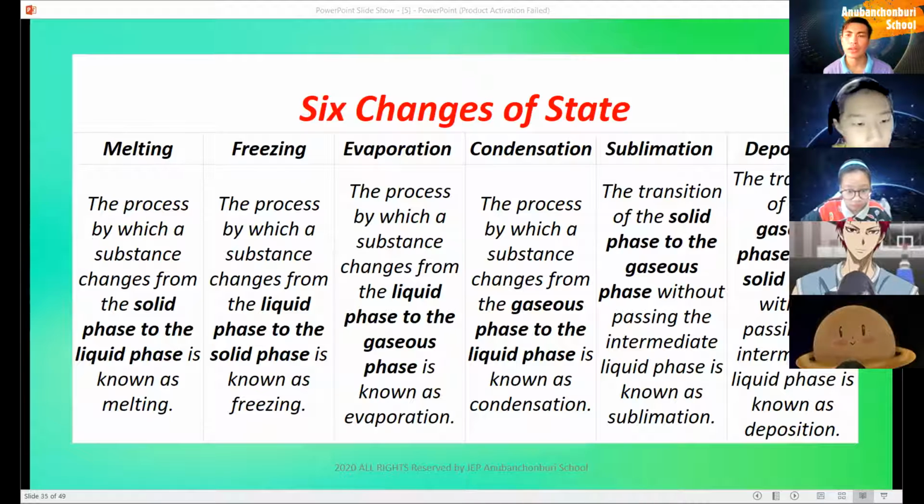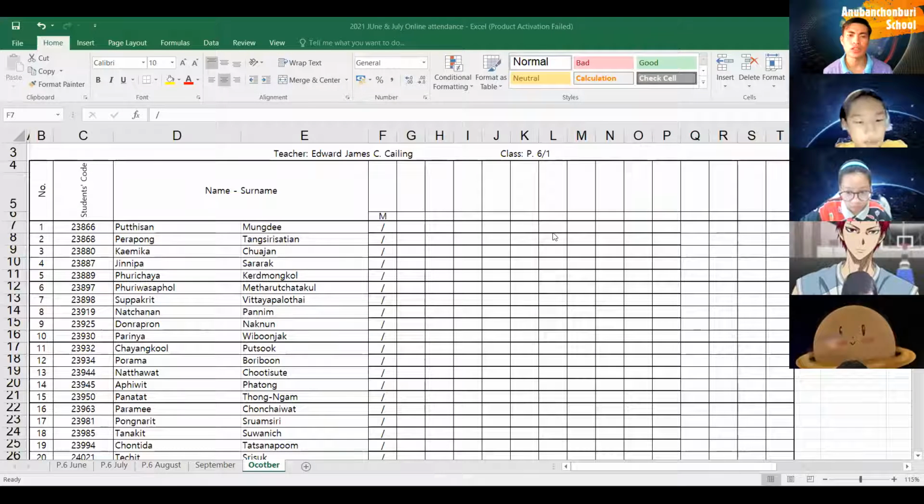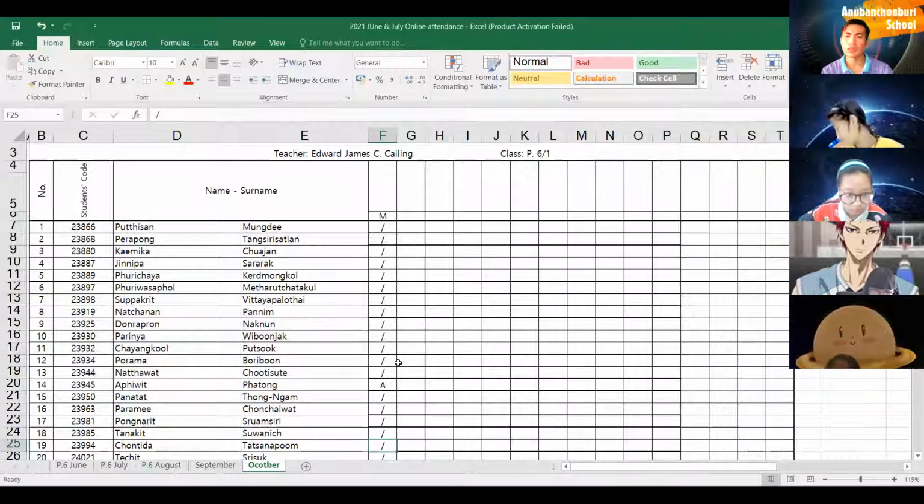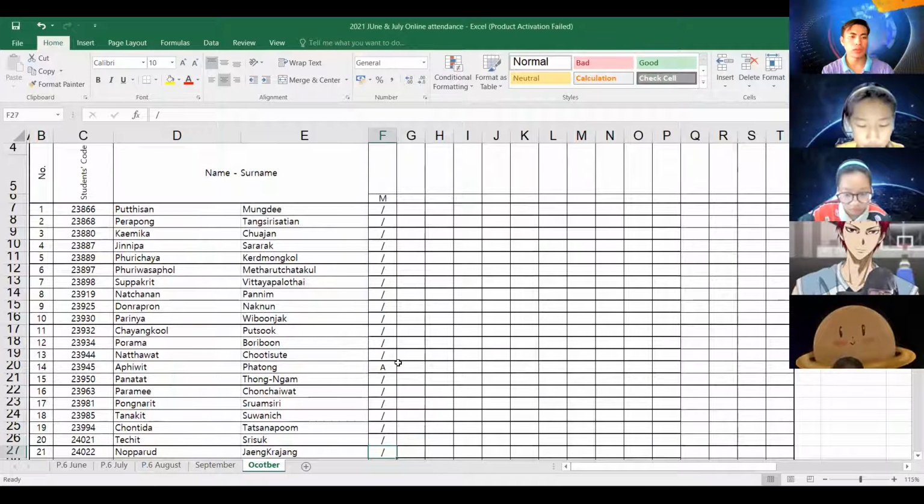All right, let's see who's absent today. Only 33 students. So let's check. 1, 2, 3, 4, 5, 6. Number 7, are you here? Pakrit was here. Number 14, Apiwit is absent. Number 21, is he here?